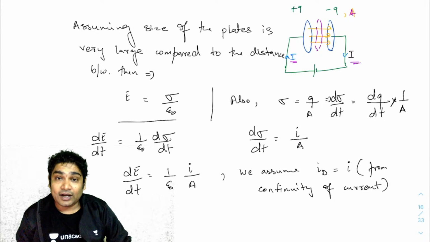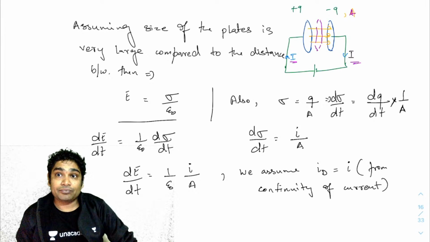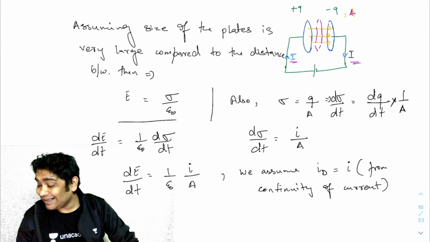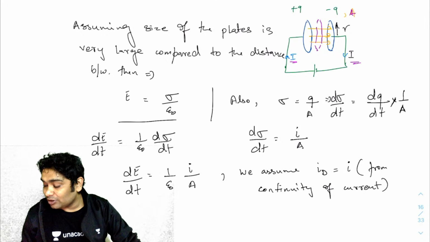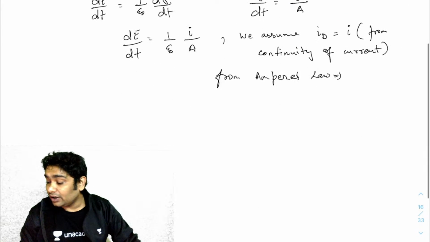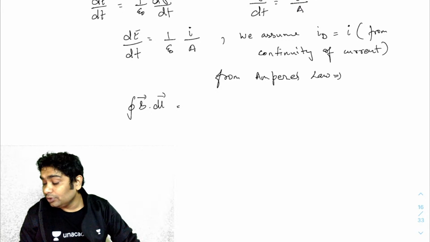Next, I can now use the expression of Ampere's law. Ampere's law would have told me, if this area had a radius of r, that the closed integral of B dot dl should be equal to mu naught times I enclosed.